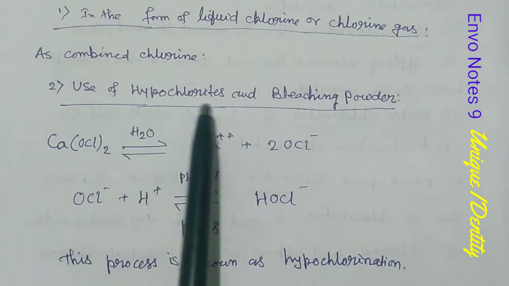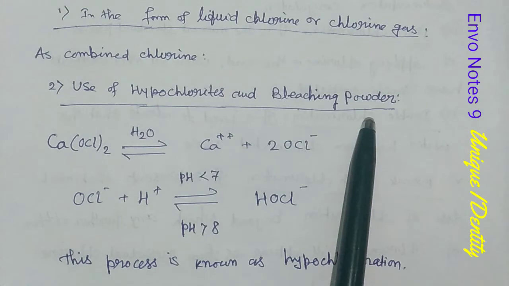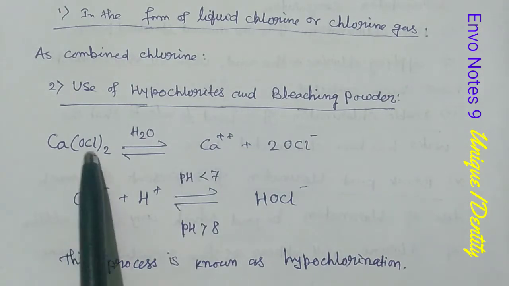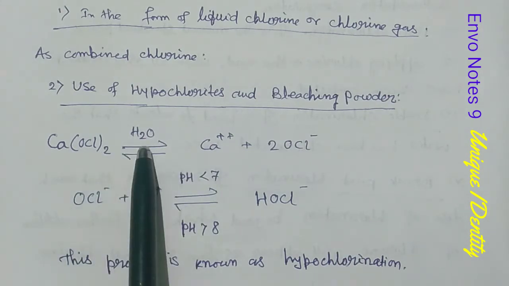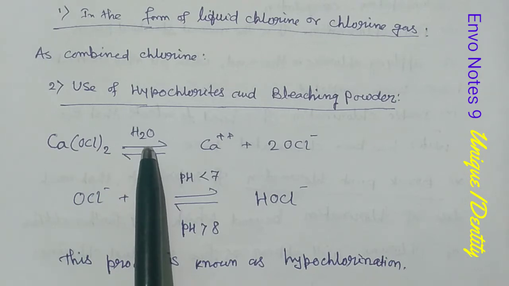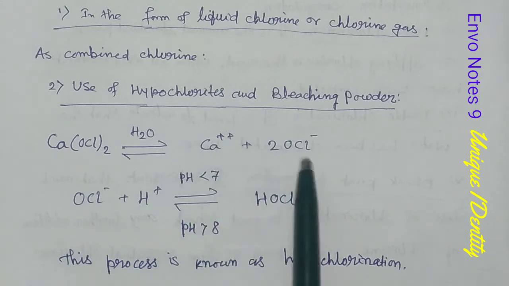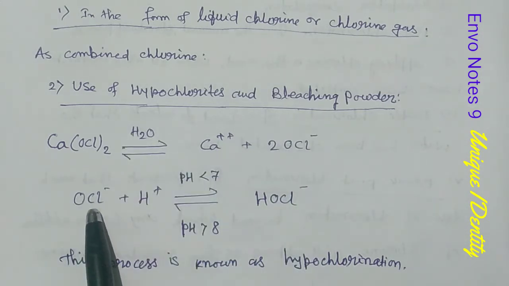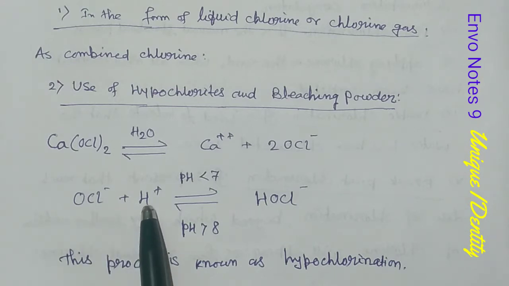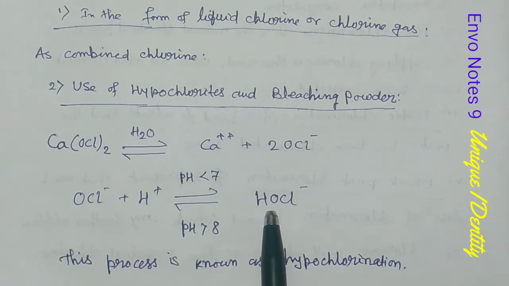Next is the use of hypochlorite and bleaching powder. When such a hypochlorite is dissolved in water, it dissociates to form calcium ion and hypochlorite ion. This hypochlorite ion may further combine with hydrogen ion to form hypochlorous acid.